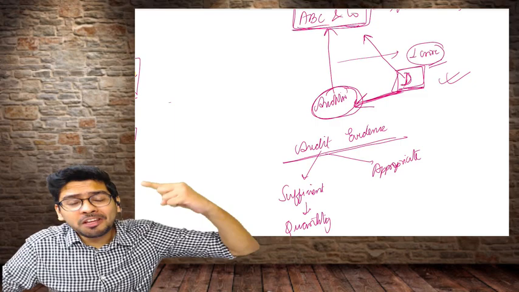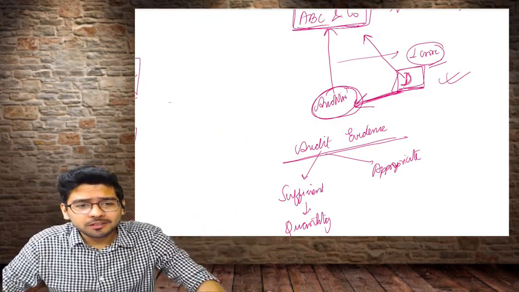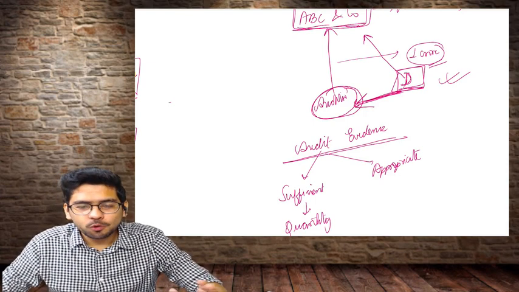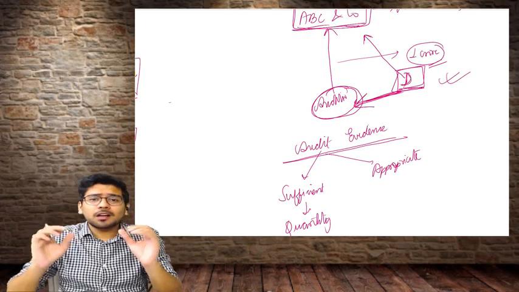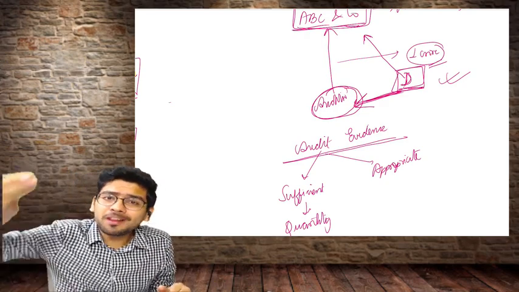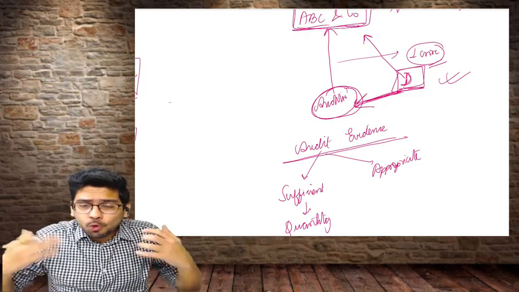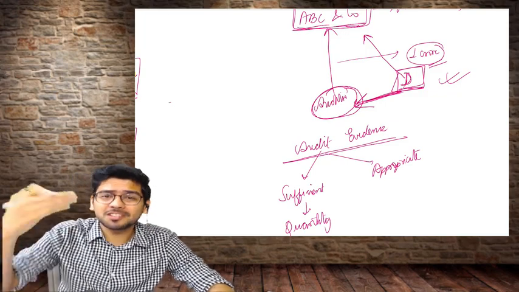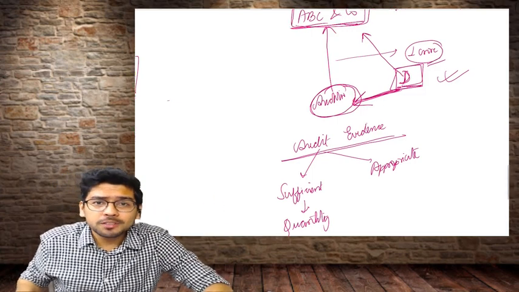Had I done only physical verification of the land and building, would it amount to sufficient audit evidence? Do you think it is sufficient? No. Doing physical verification will only help me in getting evidence with respect to the existence of the building. I am nowhere able to determine the value, whether the value given by the management as 5 crores is correct or not. So if I do only one procedure, probably it might not be sufficient.